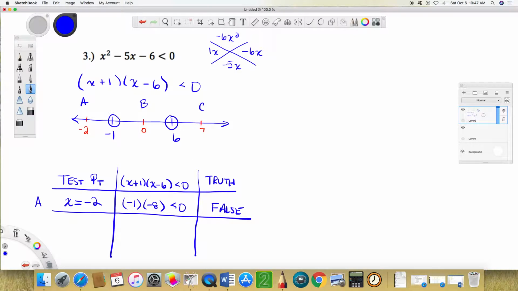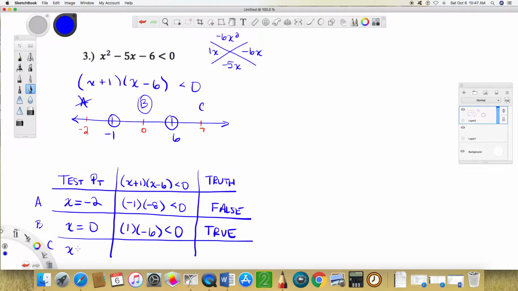So I'm not going to shade in this region A. In region B, I suggested using 0 as a test point. 0, 1s, and negative 1s are generally easy to do arithmetic on, so I like to pick them if possible. Now, I can never pick my critical points as my test points. Be careful of that. 0 minus 6 is a negative 6. That product is negative, and negative numbers, it's true that they're less than 0. So this middle portion is going to be shaded in.